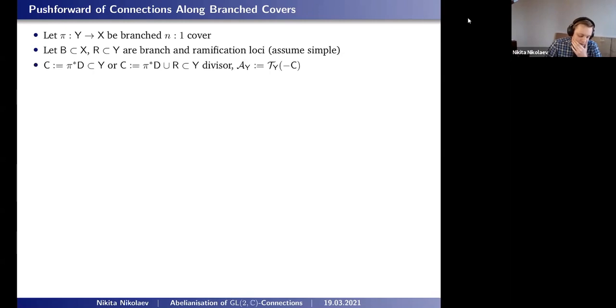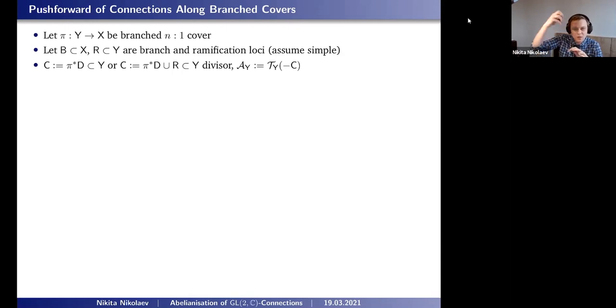Right. So I can look at representations of a Lie algebroid on Y, which again are going to be vector fields vanishing along a divisor. So let me consider a divisor which is the pullback of the divisor D from downstairs. And importantly, I'm pulling it back as a divisor rather than as a subset.